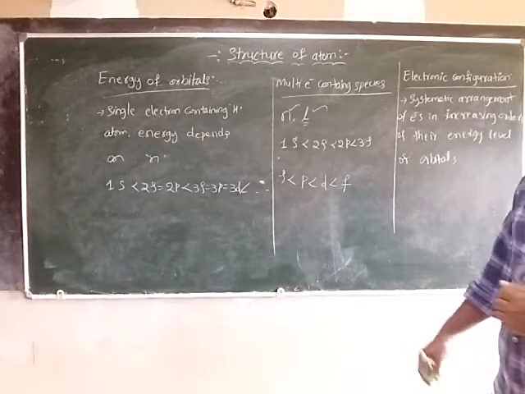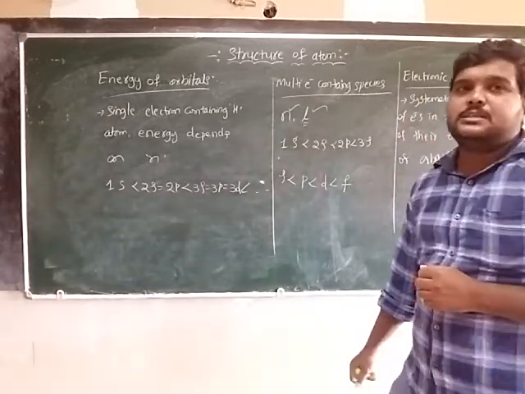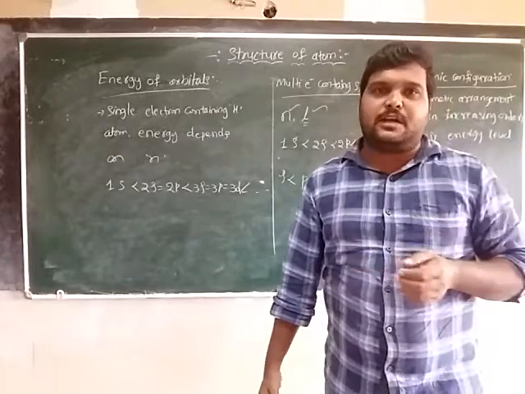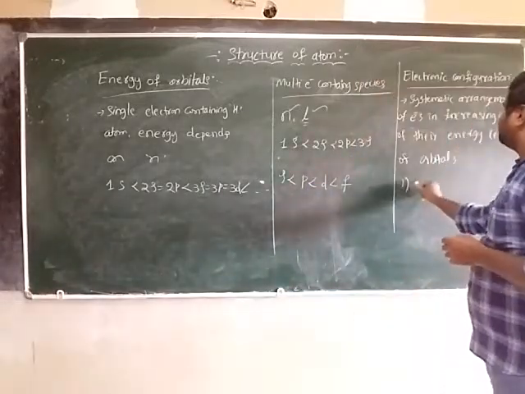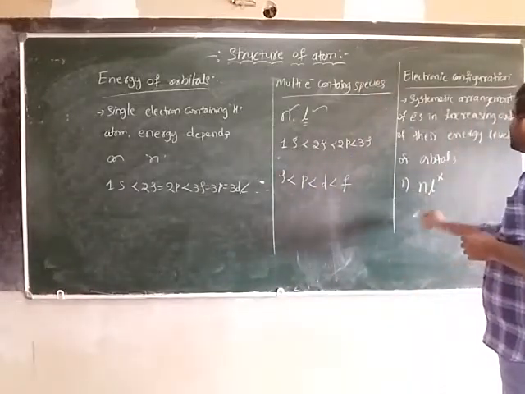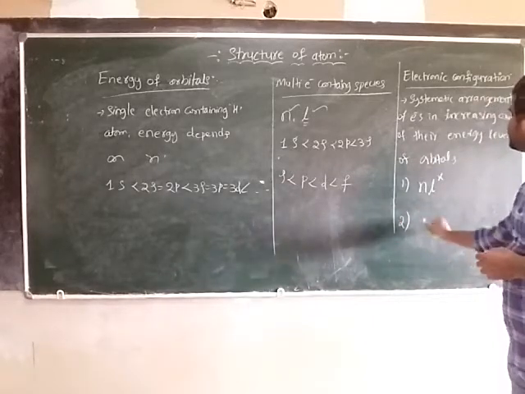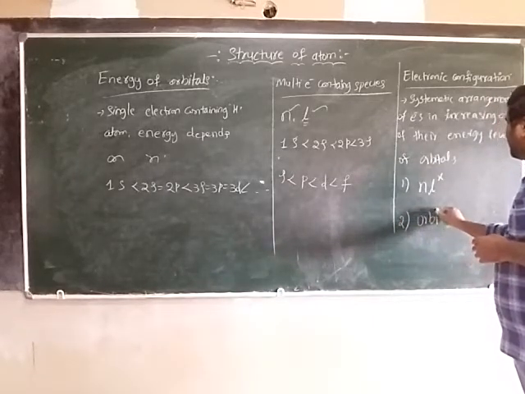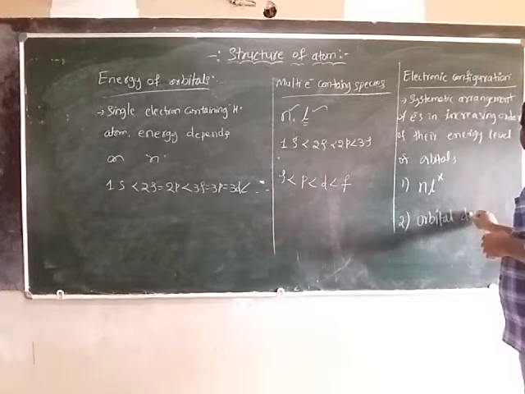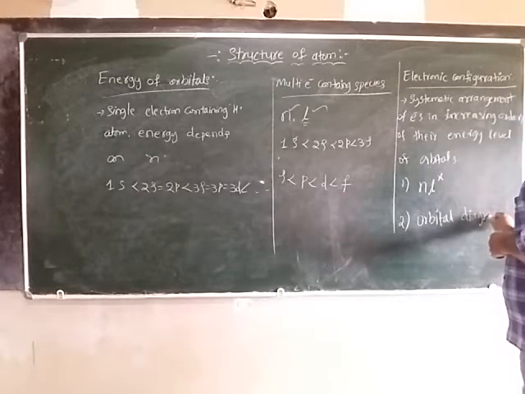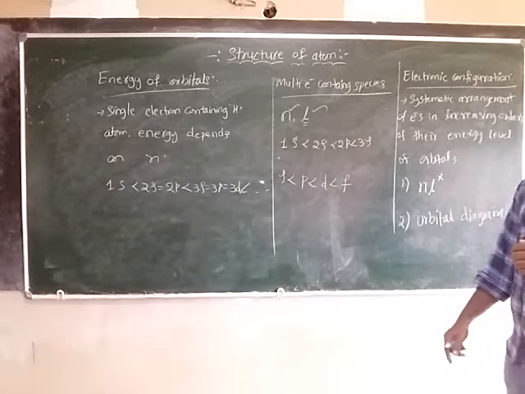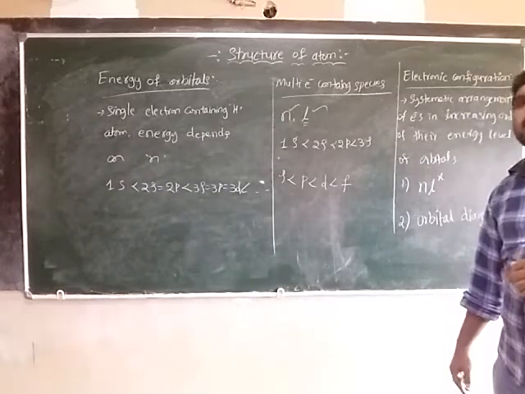Next, there are two methods to represent the electronic configuration. One is the NLX method, and the other is the orbital diagram.